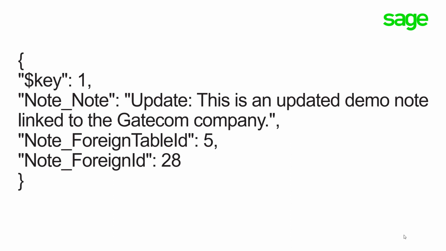If it's going to be updated, then we need to be able to know that it's included within the specifier. Our JSON package looks like this, and that's essentially the data that we could then submit within the HTTP request using the patch verb, or the verb that we want to use to be able to make the update. And if the update is successful, then Sage CRM will respond with a successful 200 message.